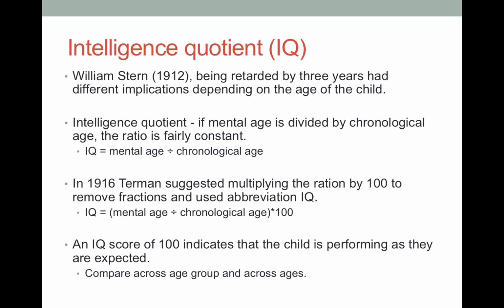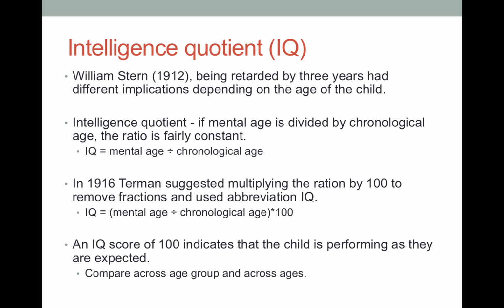In other words, IQ equals mental age divided by chronological age. In 1916, Terman suggested multiplying the ratio by 100 to remove fractions, and he was the first to use the abbreviation IQ. So in other words, IQ equaled mental age divided by chronological age multiplied by 100.